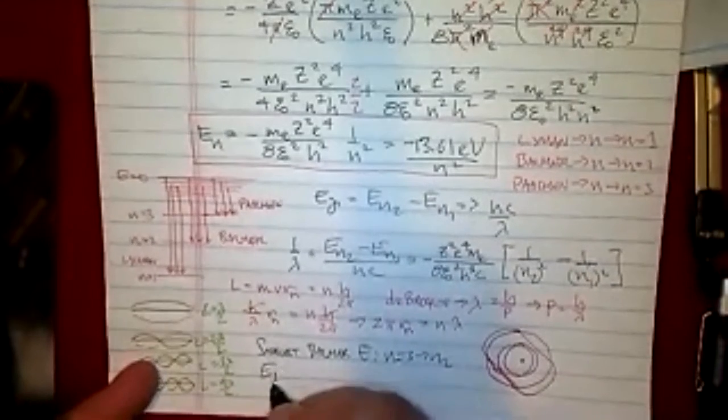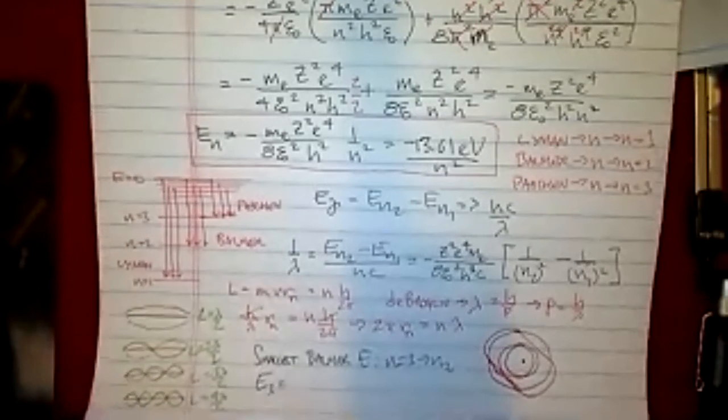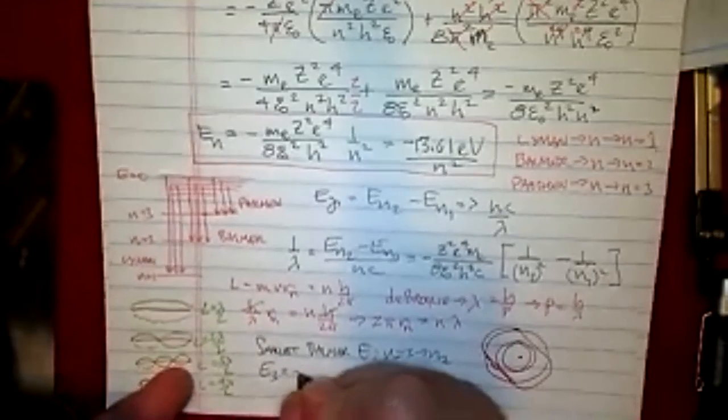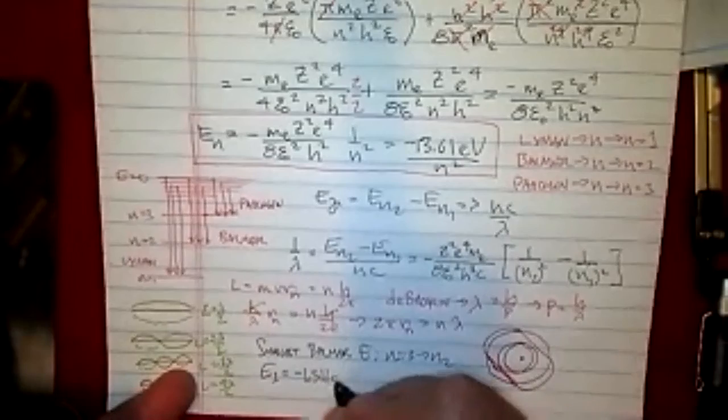So E sub 3 is equal to 13.6 divided by 3 squared, so that's 13.6 divided by 9. And I get negative 1.511 eV.